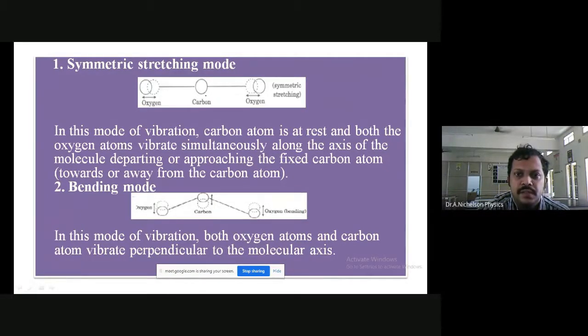So here you see at the center, this is the carbon. So here this carbon is fixed. Both these oxygens are vibrating, okay, towards and away from carbon. So the vibration is like this, and here also the same.